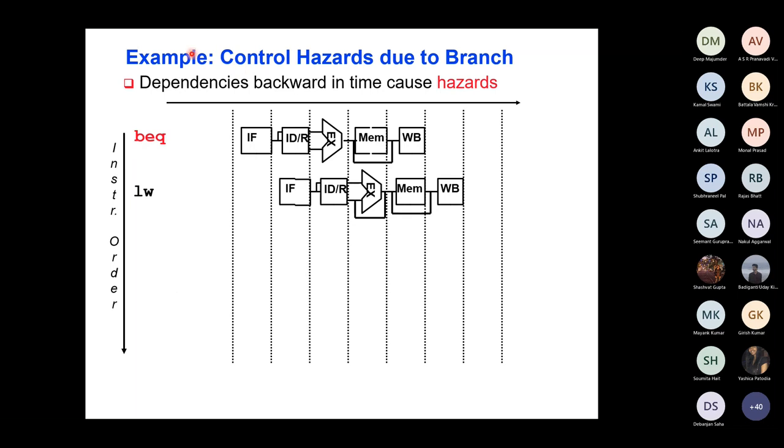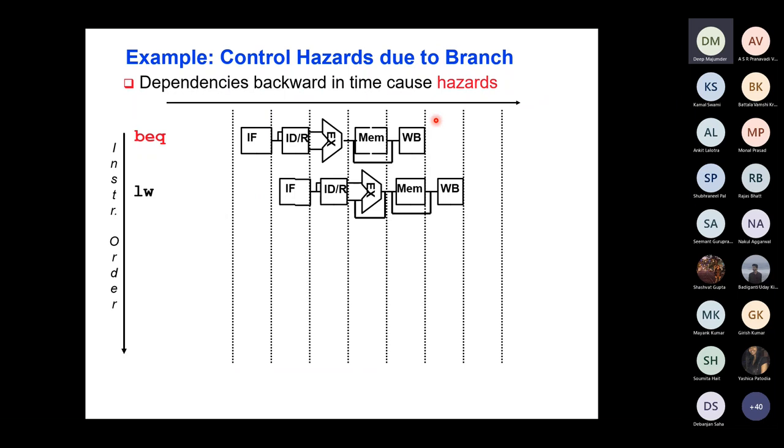Now my question is, at which stage would you know the branch outcome, and in which stage is the PC updated with the address depending on the outcome of the branch, among the 5 stages?